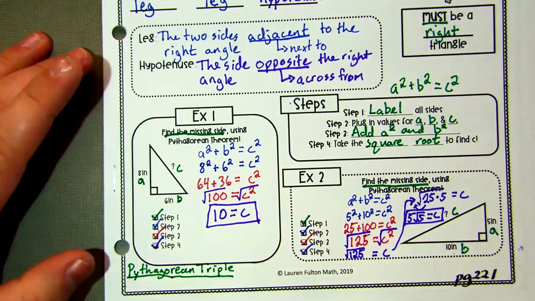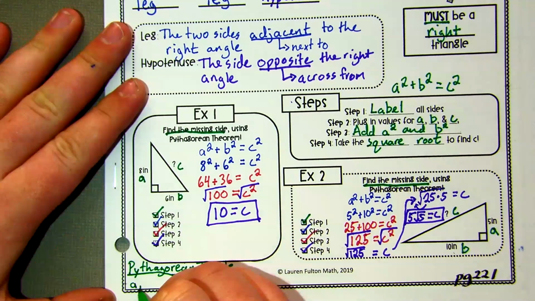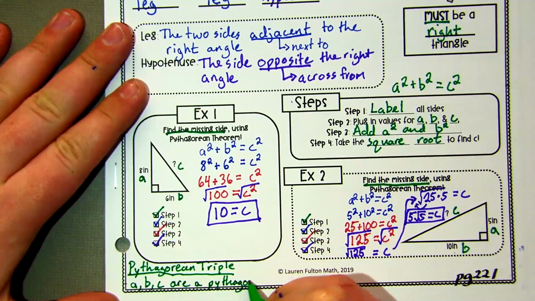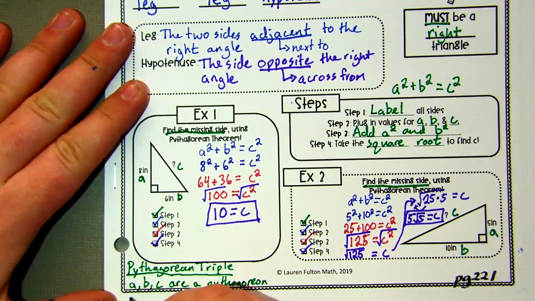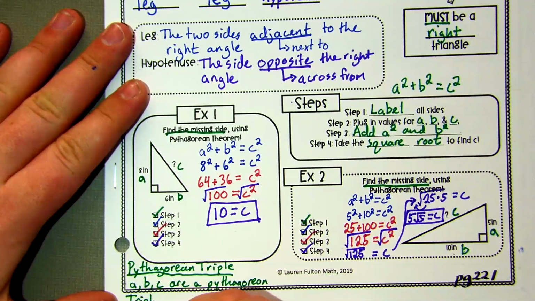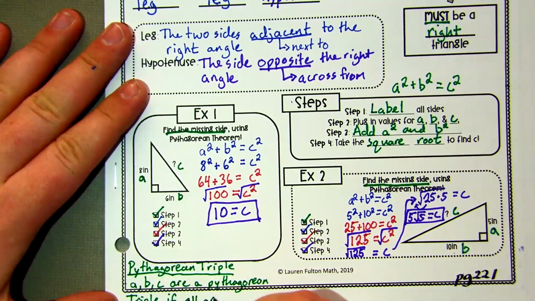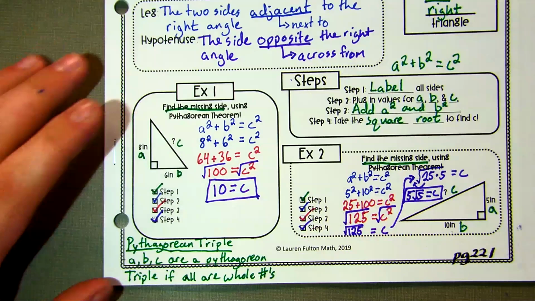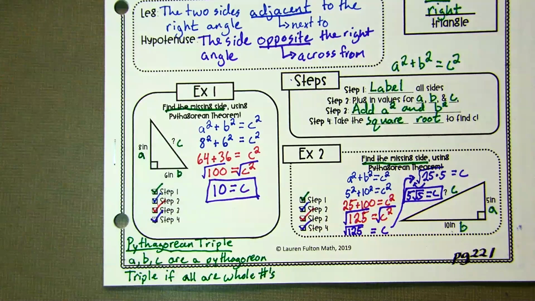We say A, B, C are a Pythagorean triple if all are whole numbers. So we need all of our numbers to be whole numbers, no decimals or anything.